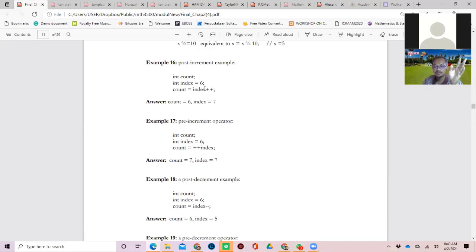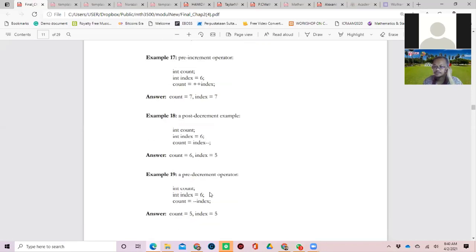So two cases here, hopefully you can imagine. Before we go to the complicated or tedious expression for the next example, look at the example here, post decrement. If index is 6, count equals index minus minus.